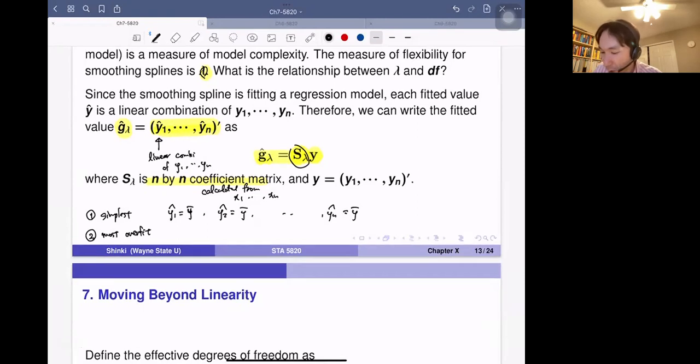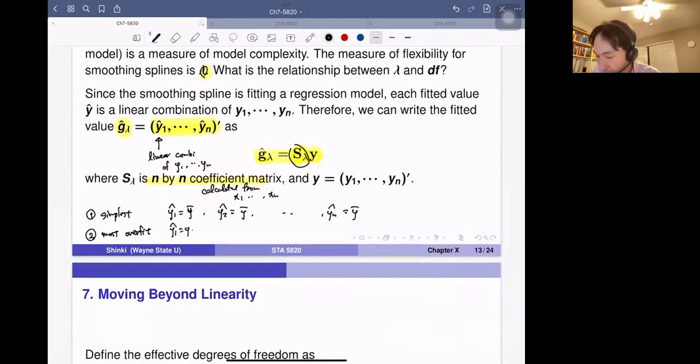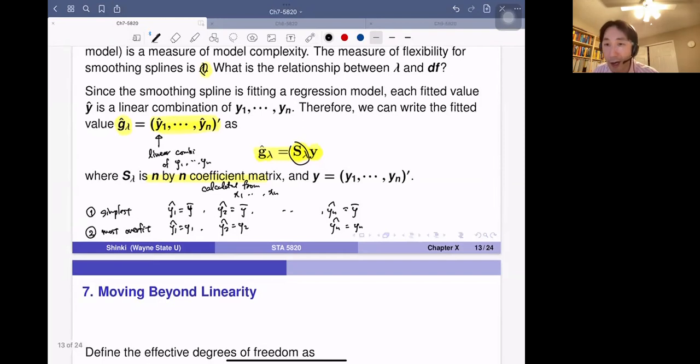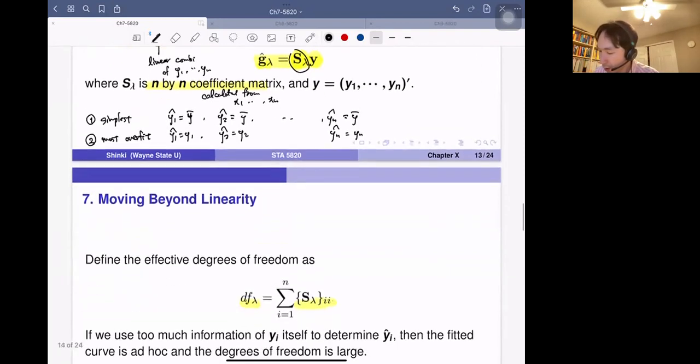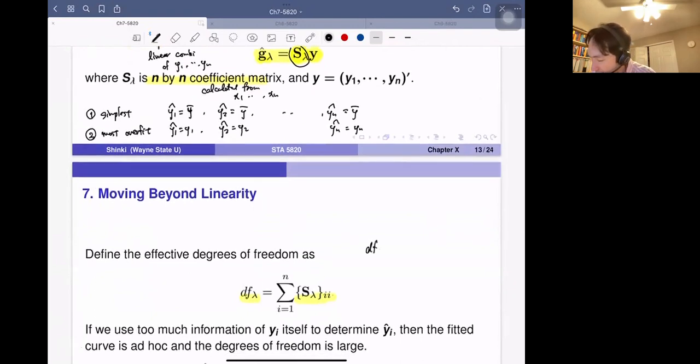And this is the simplest model. The most overfit model is y1 hat equal to y1, y2 hat equal to y2, and yn hat equal to yn. In such a case, the coefficient of yi on yi hat is equal to 1. So df lambda is, for the simplest case, 1/n plus 1/n up to 1/n, so this is 1. And for the most complicated case, 1 plus 1 plus 1, so n. So at least it sounds like a reasonable criterion.